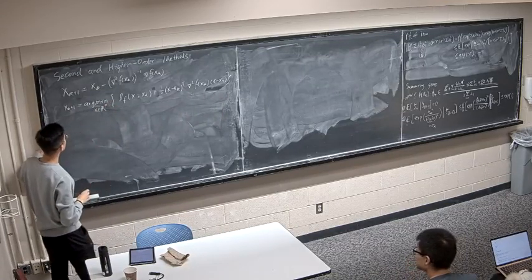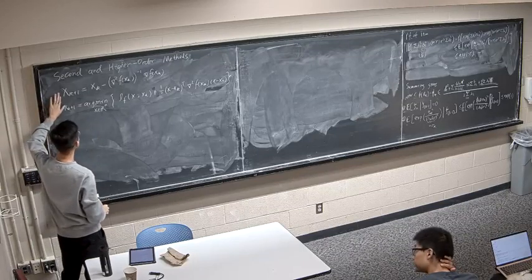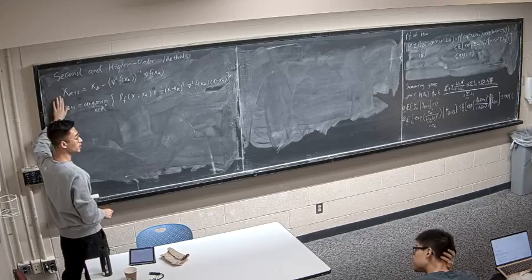Suppose we want to minimize f of x in R^n, we have no constraint, no composite function. And this is the Newton's method that you usually do, right?